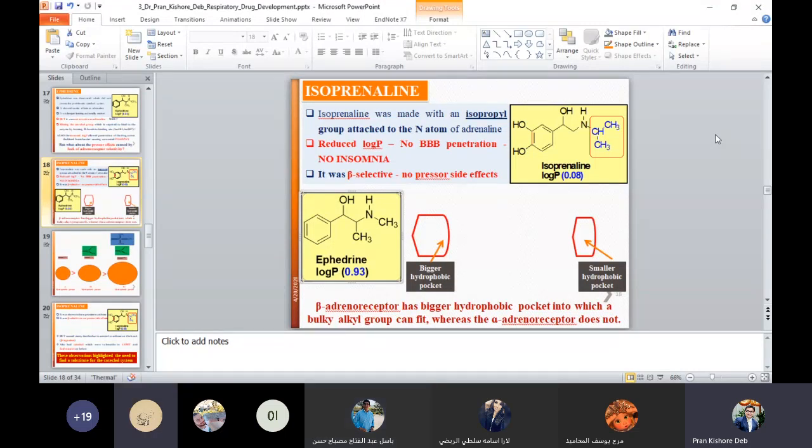Three. What are those? It does not have the pressure effect. It's three advantages. The first advantage is more potency.